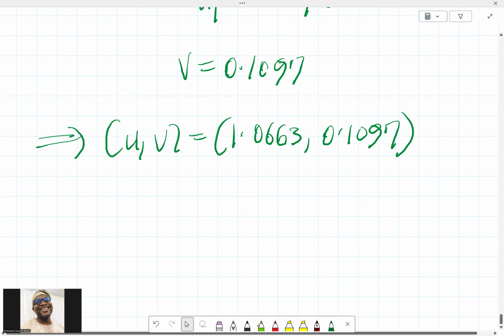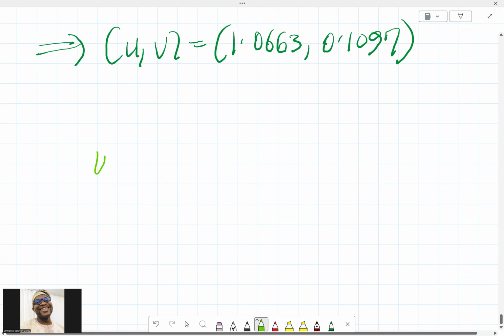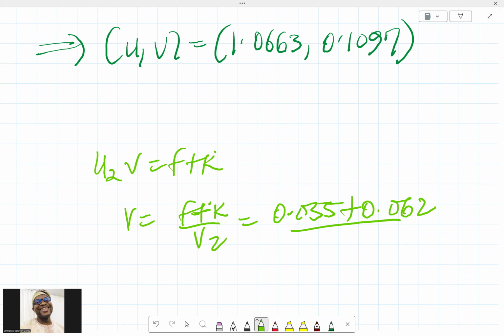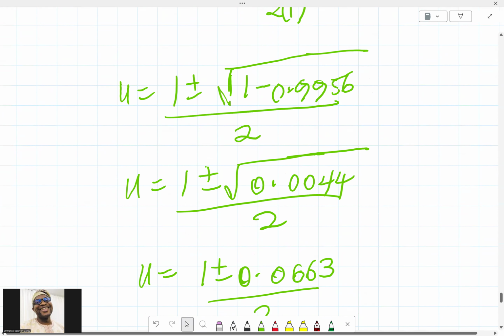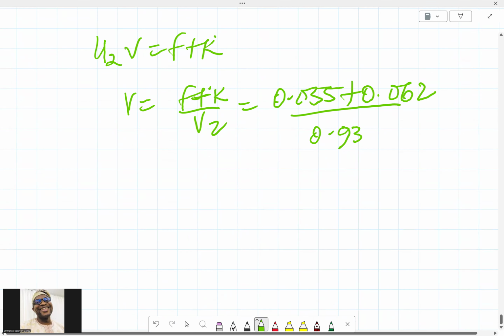And we can also do the other one where we have U2 V equals F plus K, meaning that V is F plus K all over U2. That is 0.055 plus 0.062 all over U2, which is 0.9337.